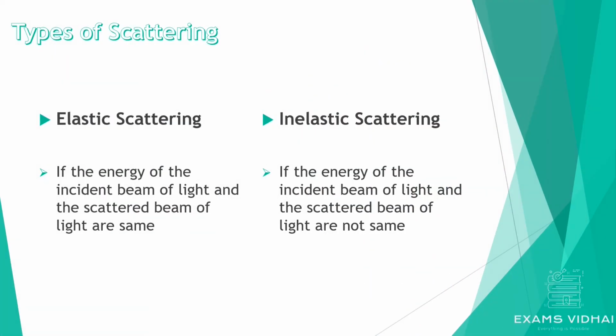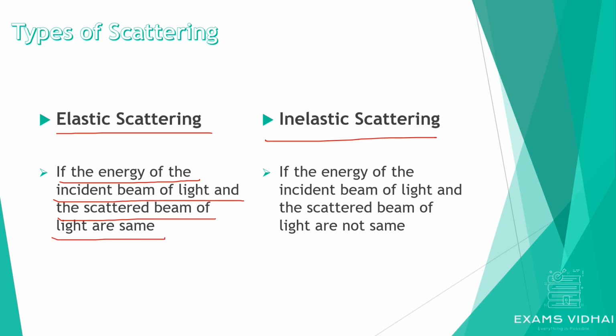There are two different types of scattering. First one is elastic scattering and second one is inelastic scattering. Elastic scattering is when the energy of the incident beam of light and the scattered beam of light are the same.